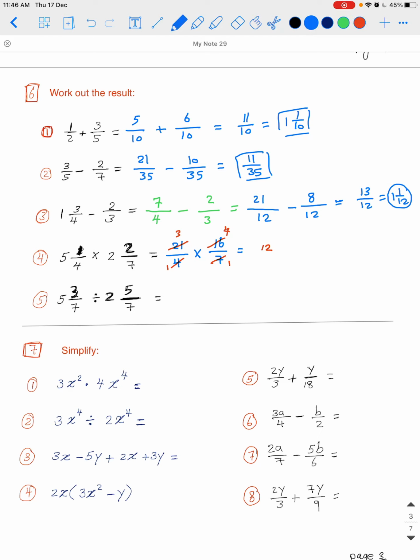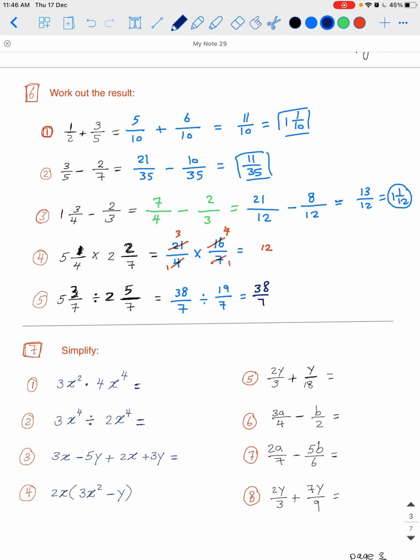Next one, convert also. 5 times 7, 35. 35 plus 3, 38 over 7. Then 2 times 7, 14. 14 plus 5 equals 19. 19 over 7. So it will be 38 over 7.